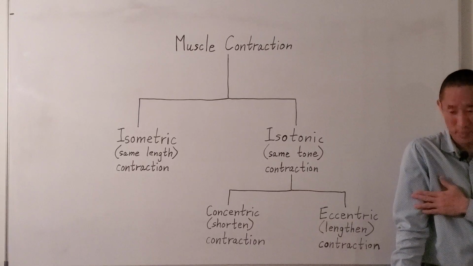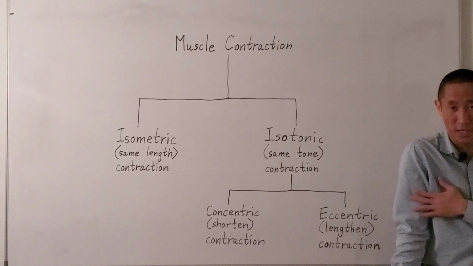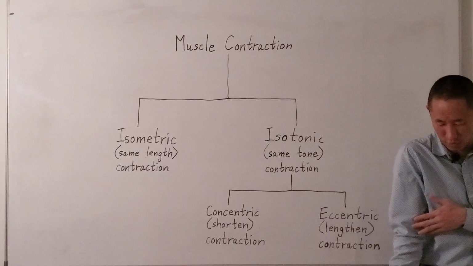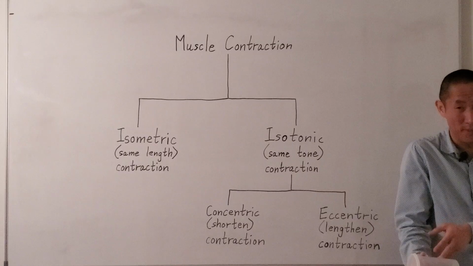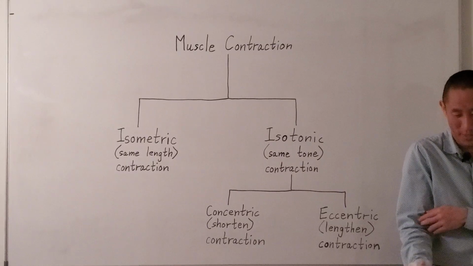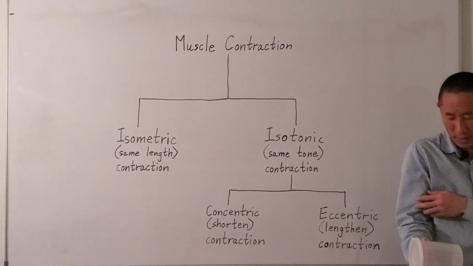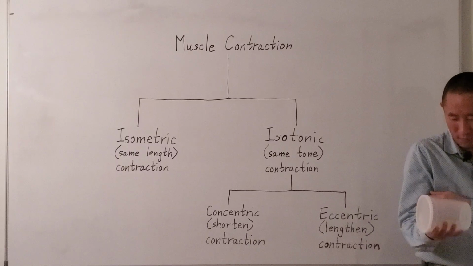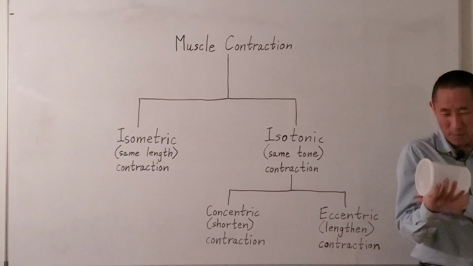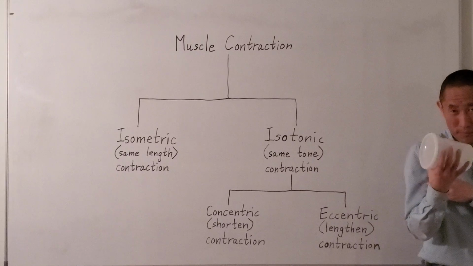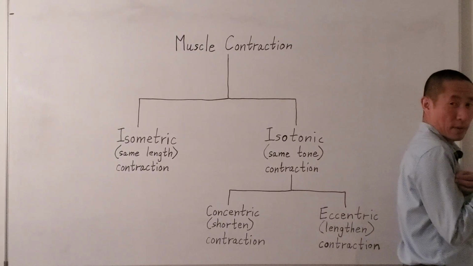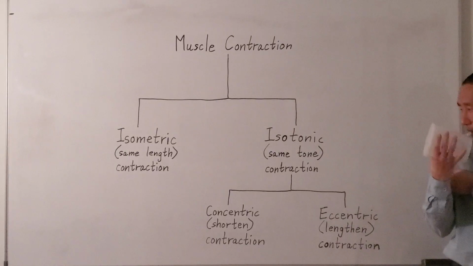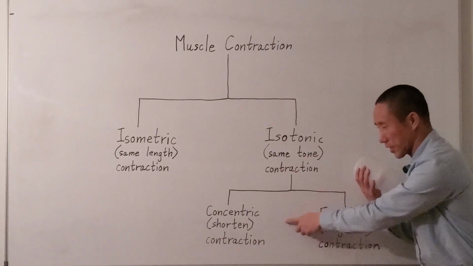So just holding it like that, this is isometric. Now, as we are lifting this heavy plastic container up, you can see the bicep muscle shorten. And that is concentric contraction.